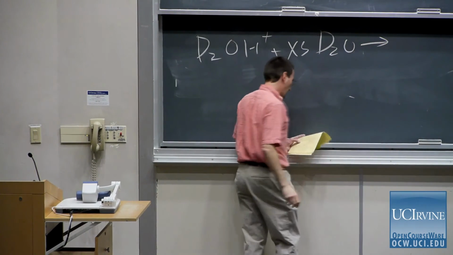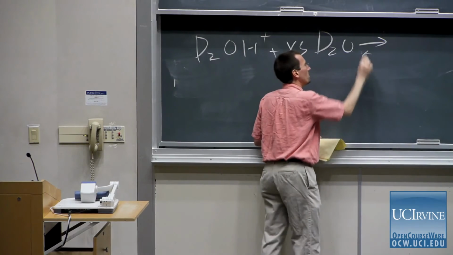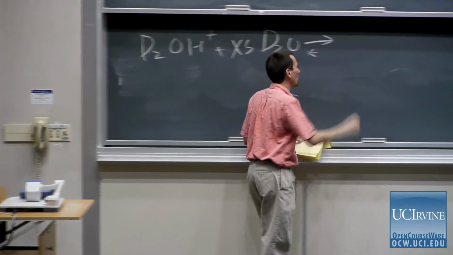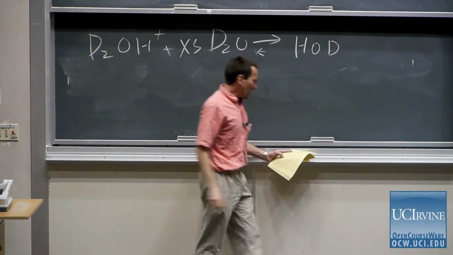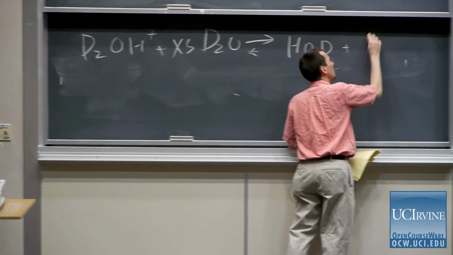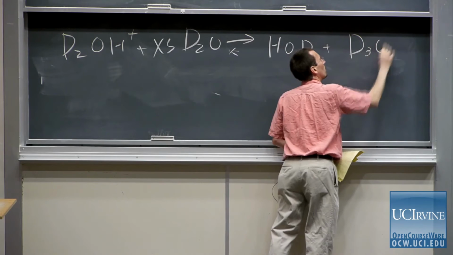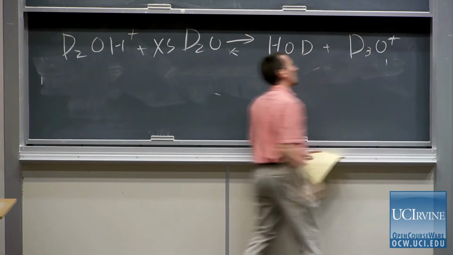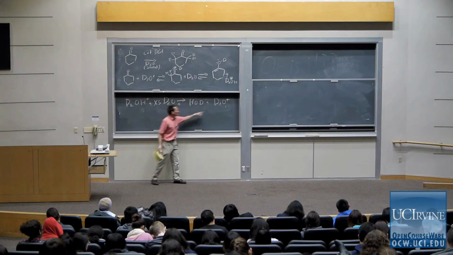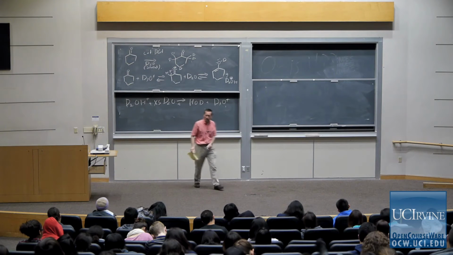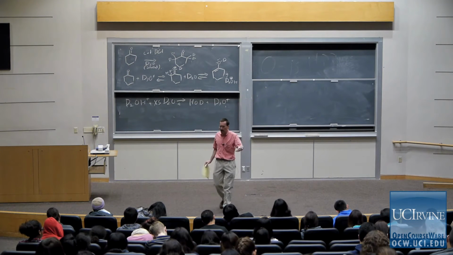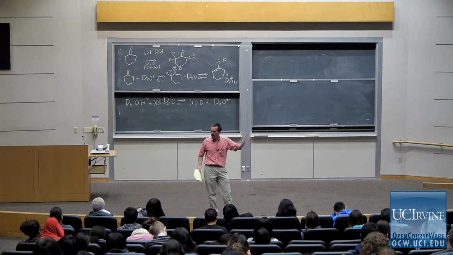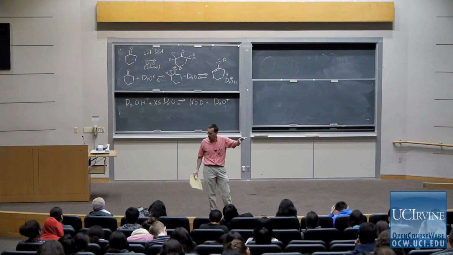D2O, you have an equilibrium, and of course mass action drives this equilibrium. And so you'll get a little bit of H2O, HOD, plus D3O plus. In other words, basically, you've got tons and tons of D2O. Your water just spreads out. Your protons just spread out to make little bits of HOD.